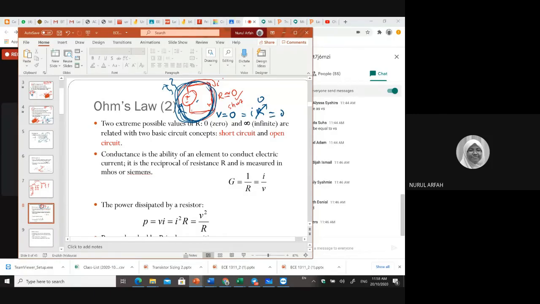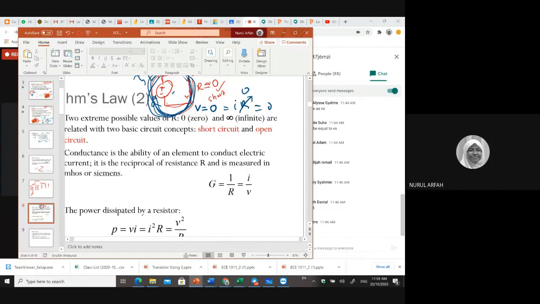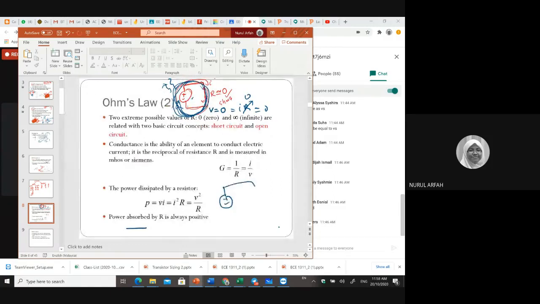Okay, good. And then what if we have a voltage source connected to a huge value of R, such that it is equal to infinity, or approaches infinity? What happened to the current? The circuit will cut off.